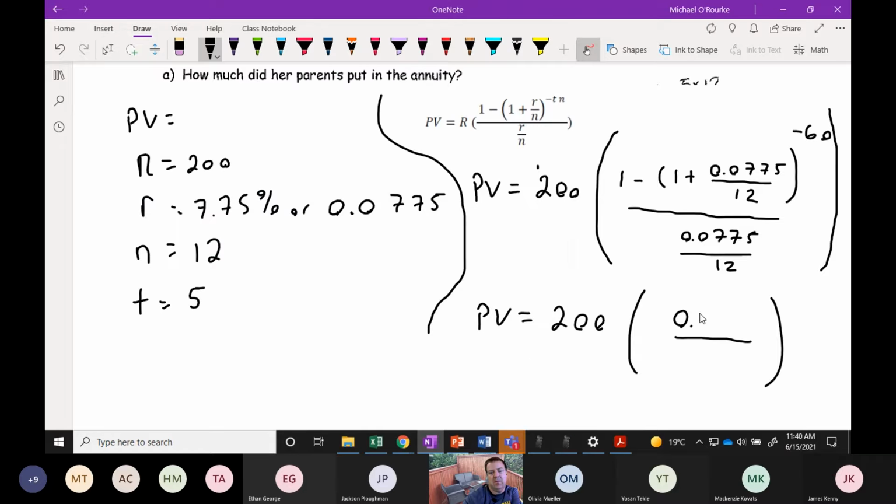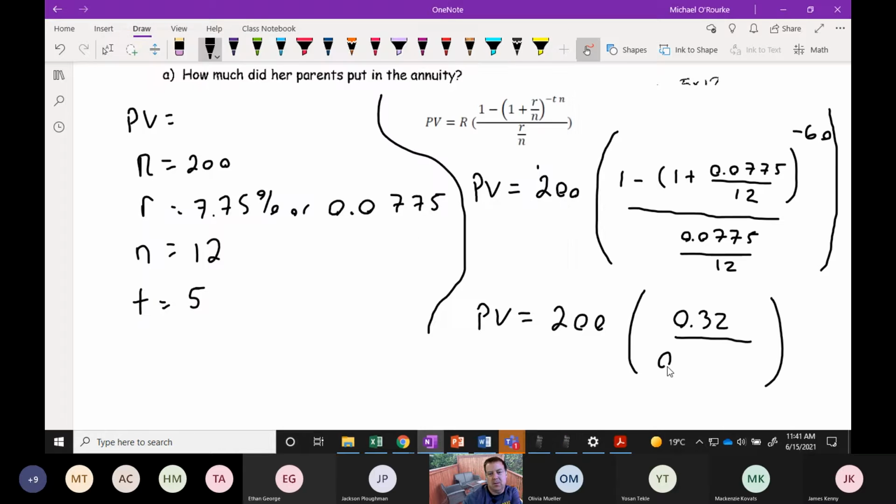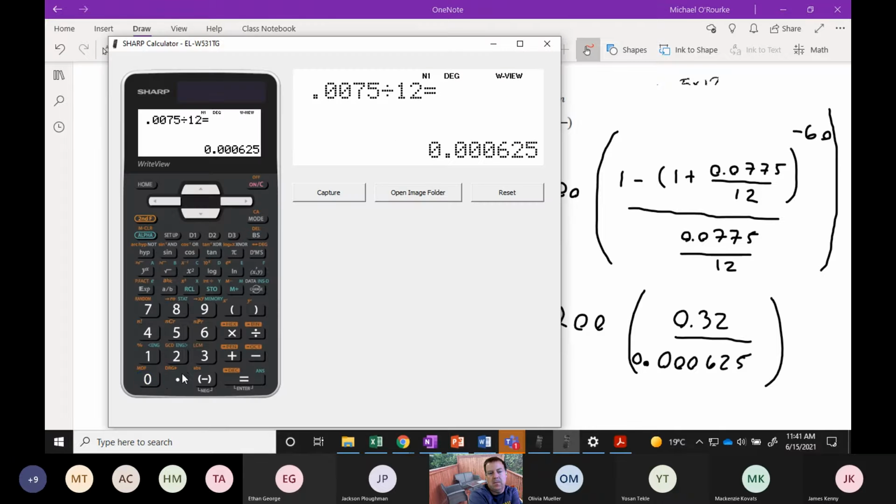0.32 divided by, oh shoot, 0.26. Times 200.